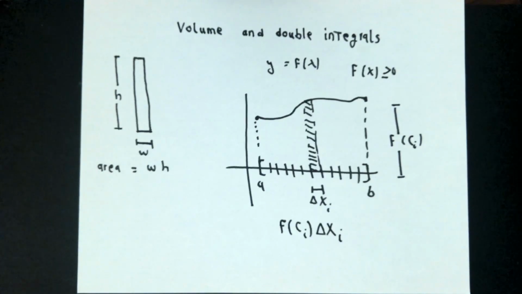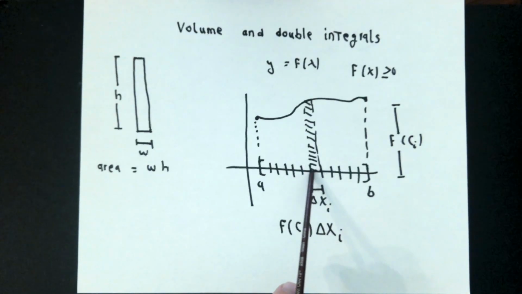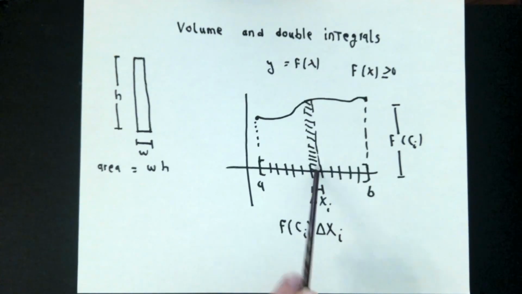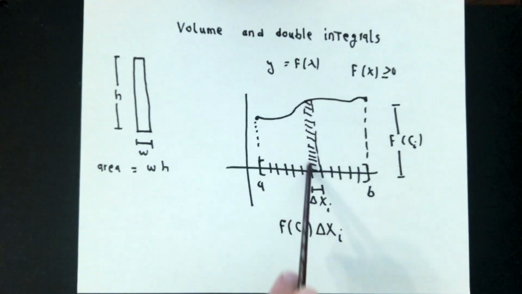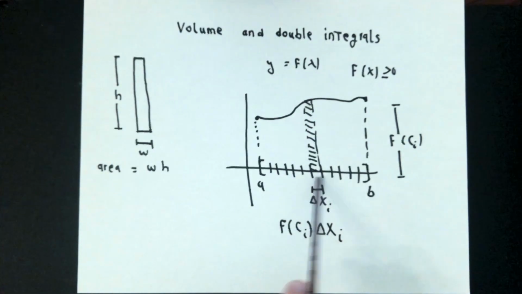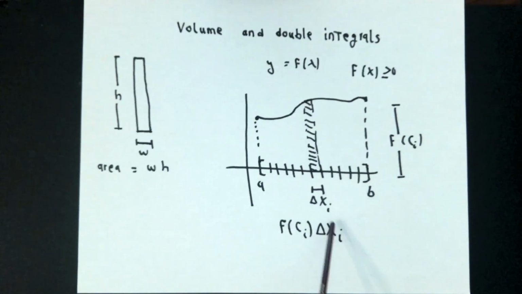Our idea was this. We'll take the interval of numbers from a to b and divide it up into smaller pieces. Call the horizontal width of one of those pieces delta x i, and I'm going to approximate the area under the curve that goes with this one subinterval by the function value at some representative number, ci, multiplied by the horizontal width.